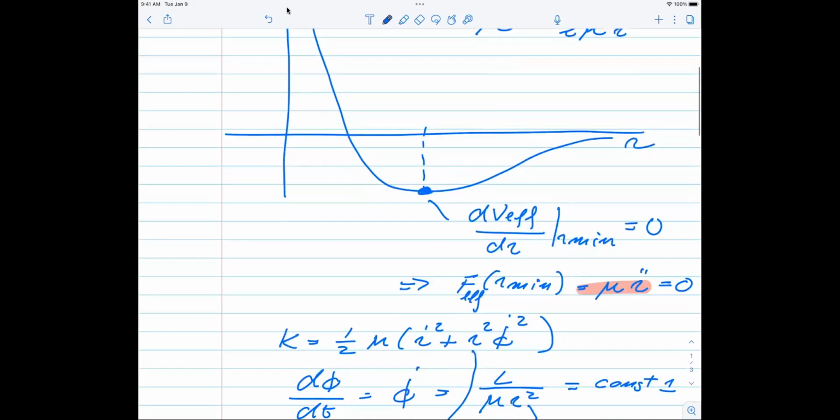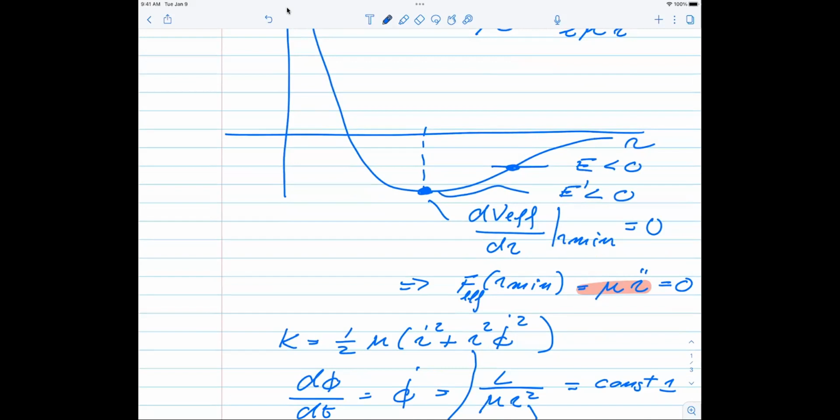Now, what we are more interested in now is to find a different R min, which corresponds to this energy. So we are going to have an energy which is now less than 0. This energy which you see here, this energy prime, is also less than 0.